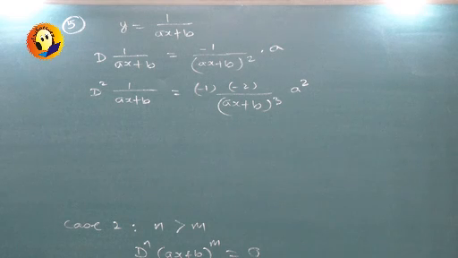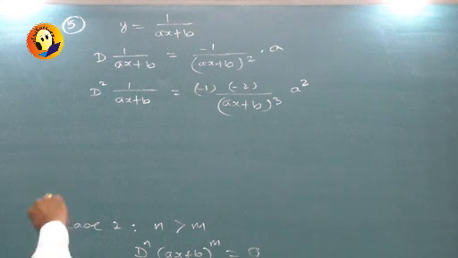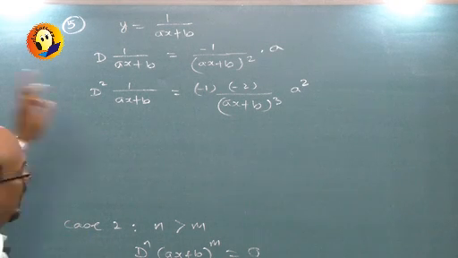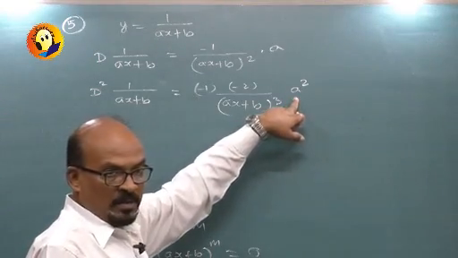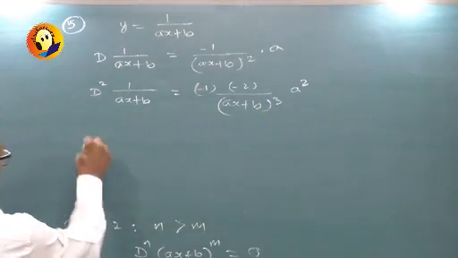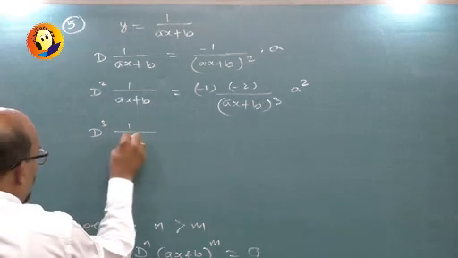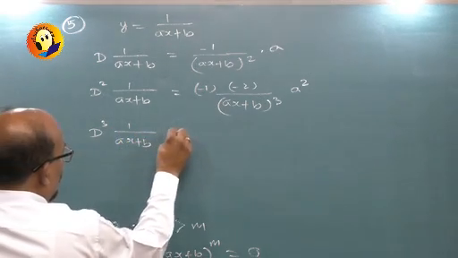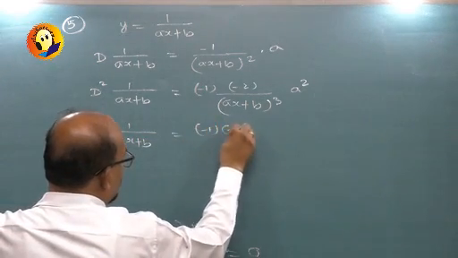I am not cancelling the signs because I want to generalize it properly. If you cancel, then it creates a problem because it is going to be alternate plus and minus. Generalization for a raised to n is fine, but this way it might be a problem. So once again, the third derivative of 1 upon ax plus b will be minus 1 into minus 2 is there.